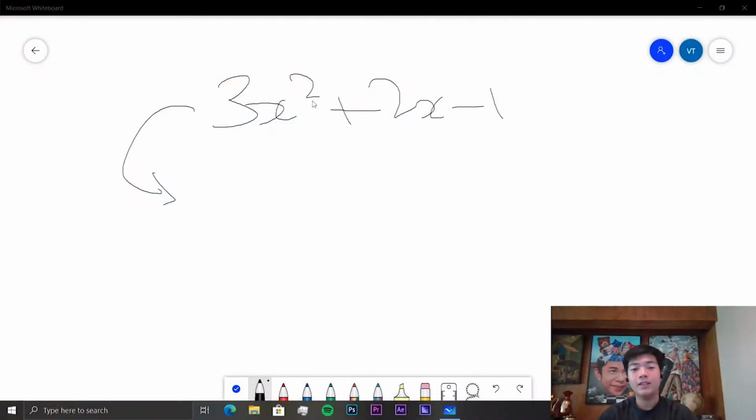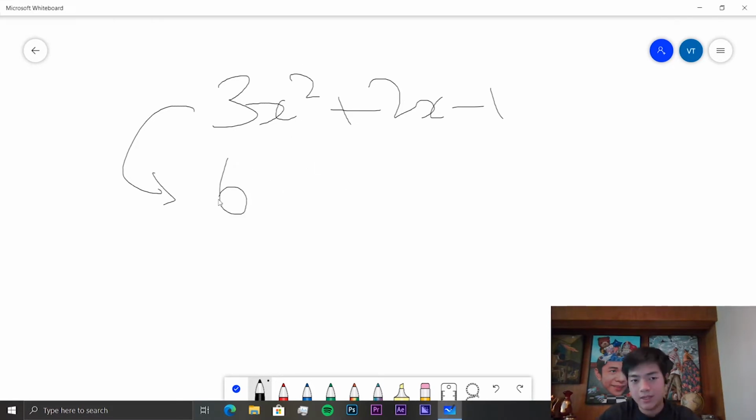So in the very last question on our last speedrun, we met this function and we needed to get its gradient function, which we got as 6x plus 2. And this gradient function is normally called the derivative of the original function with respect to x.